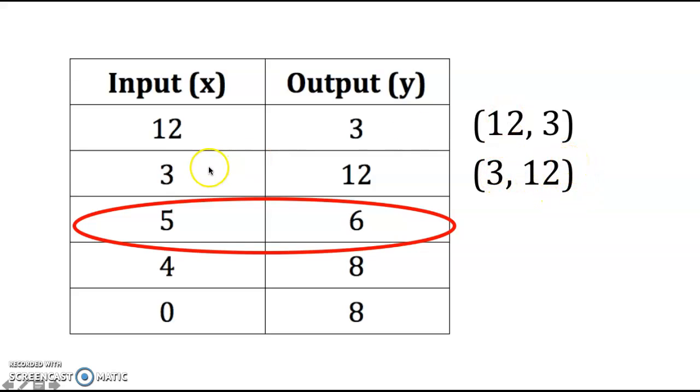Now, the reason why I put these two numbers, which look so similar, side by side in this data table is because, like I said, the order does matter. Now, this 12 right here is the x coordinate. This 3 right here is the y coordinate.